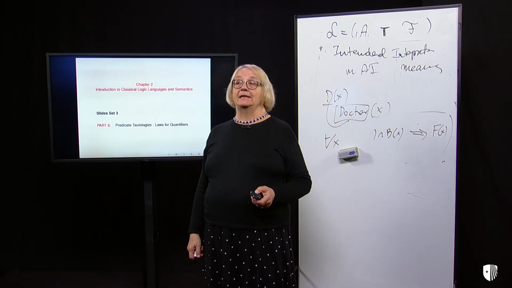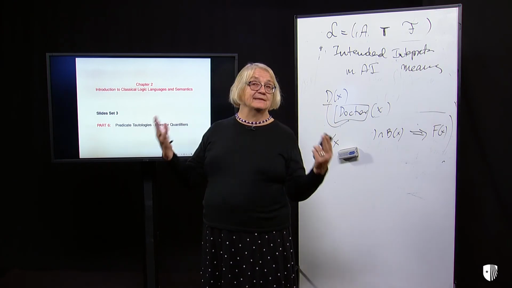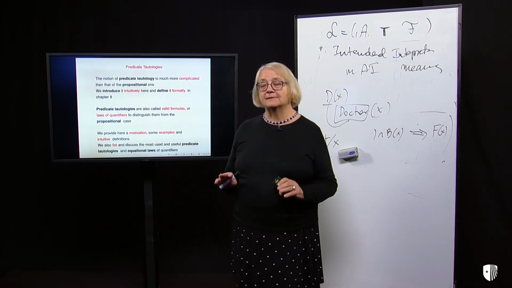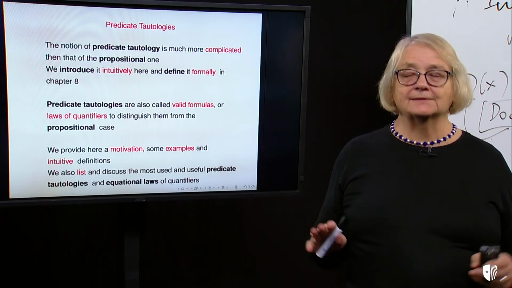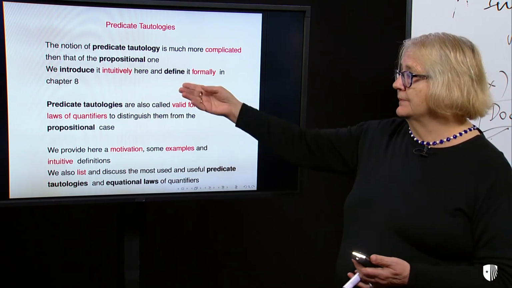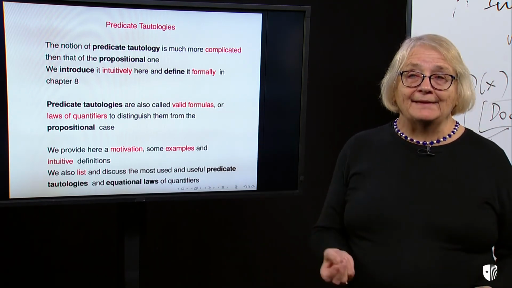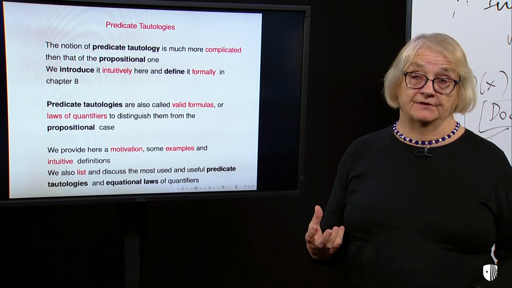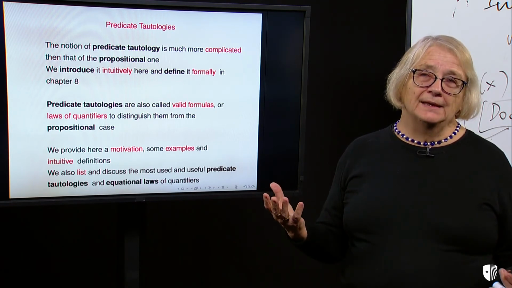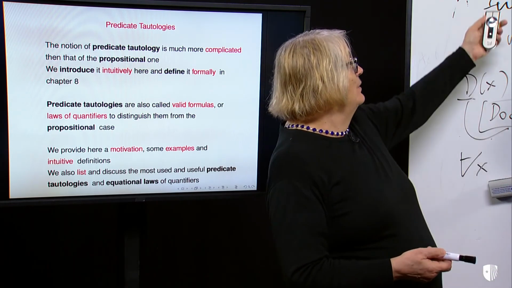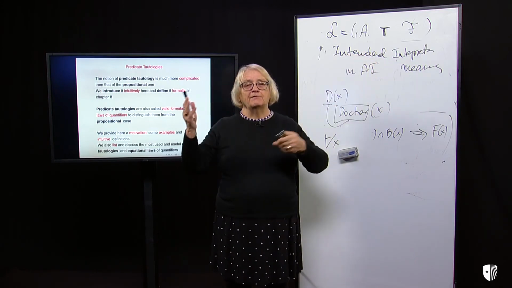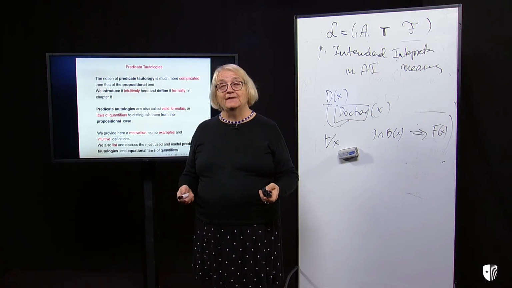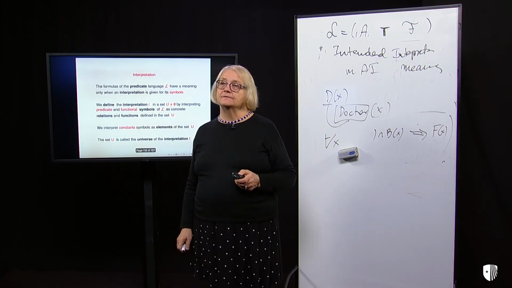So now we have predicate tautologies. That all was syntax. Now we have predicate tautologies. Of course, we have an intuition of what it is, but formally it's chapter 8. Predicate tautologies are also called valid formulas or laws of quantifiers. You can see that when you have predicates, you have functions, you need sets, you need a more complex structure than just truth tables for connectives.